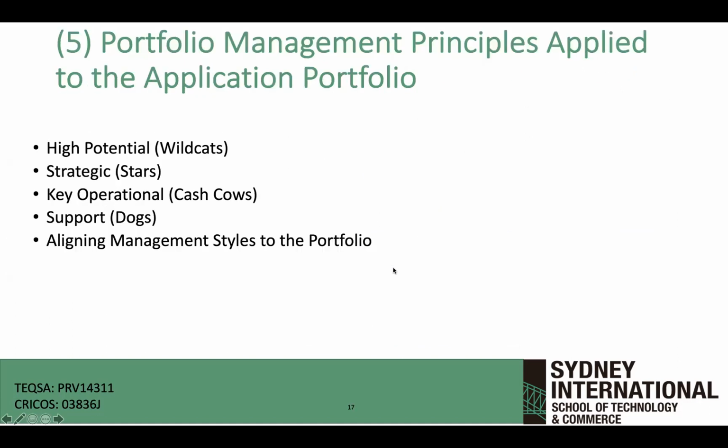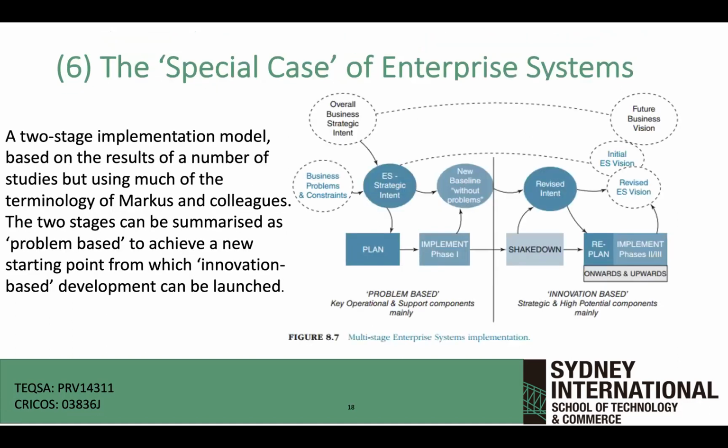This is a special case, guys, of the enterprise system. A lot of the time we have an enterprise system that connects the whole organization together. And the way you implement the enterprise system, you don't simply implement it in one go, but in multiple goes. And that's what this model is telling you.